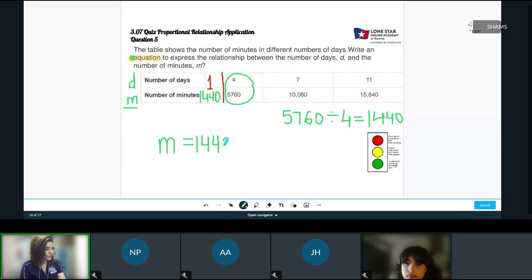The quiz has 4 answer choices for equations. You pick the right equation. Absolutely, Naila. I know you're going to be back on time. Anybody have any questions?